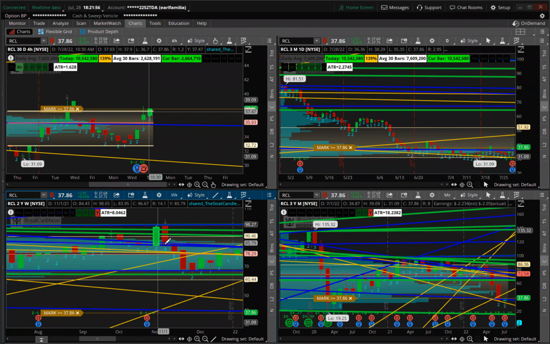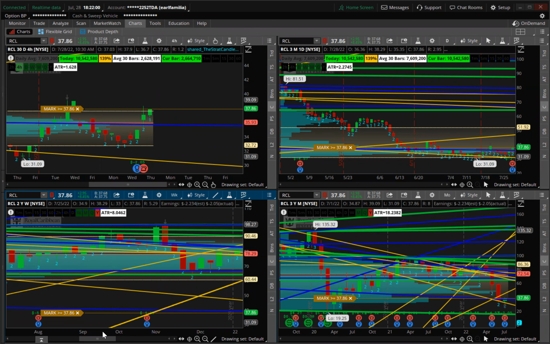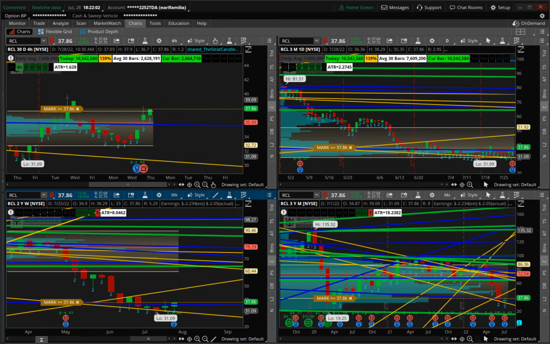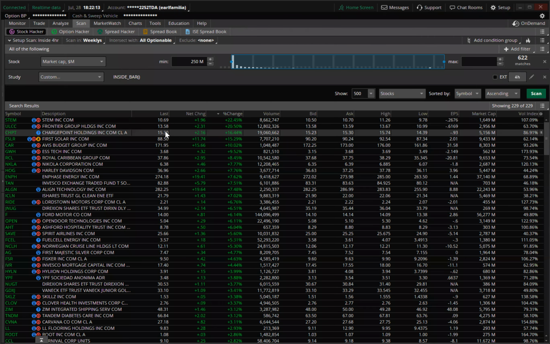Anyway, let's keep it moving. RCL looks solid. I'm looking for broadening formations and I ain't seeing them, so that's interesting. I gotta keep looking. It's gotta be something.